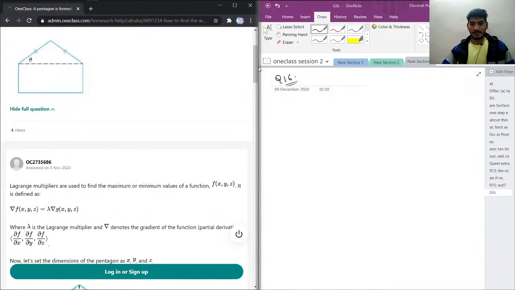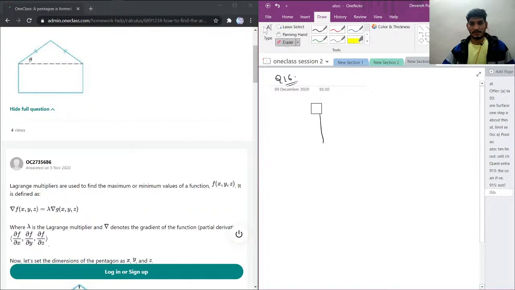So we have the figure, I'll just draw a rectangle, then I'll draw a triangle.